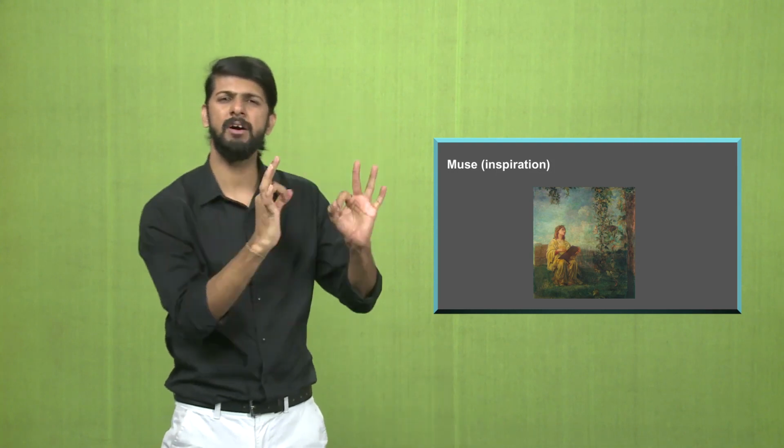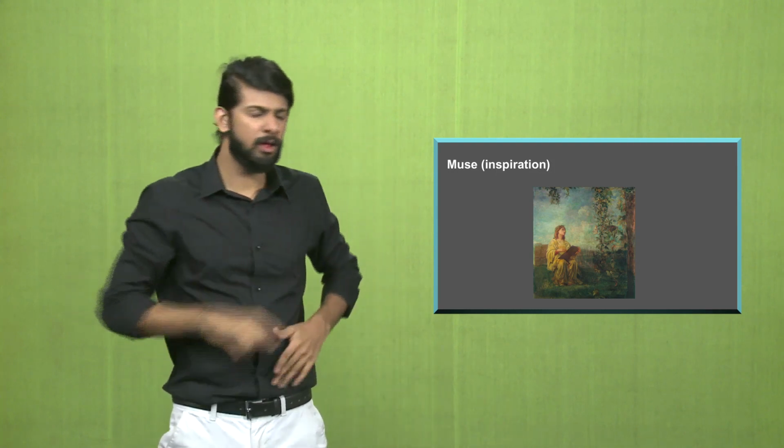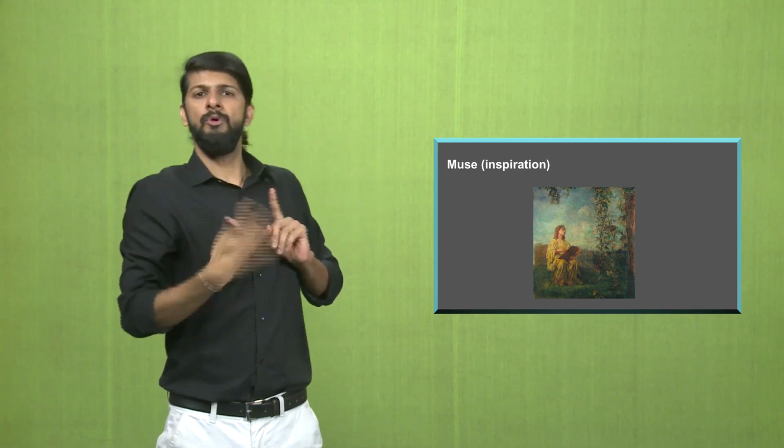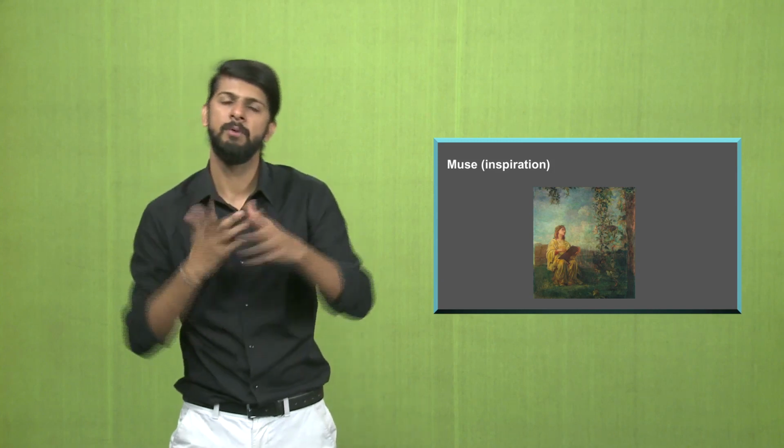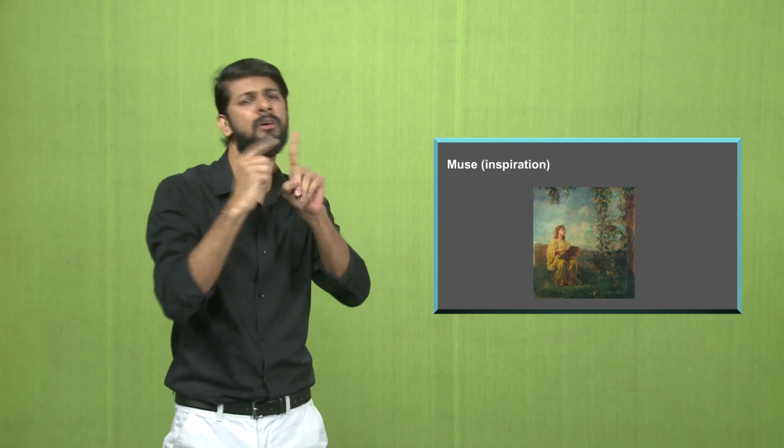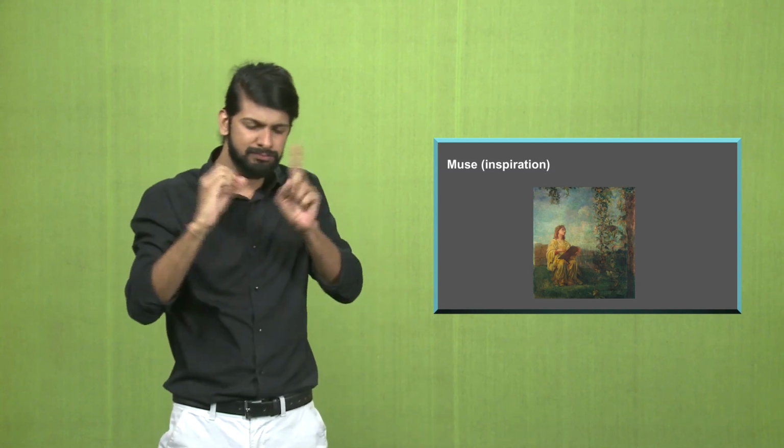To illustrate, if an artist looks at a beautiful woman and is inspired by the beauty and the aura and wants to draw or visually represent this person, that woman can be called a muse.